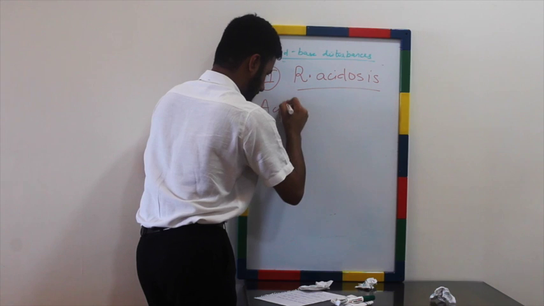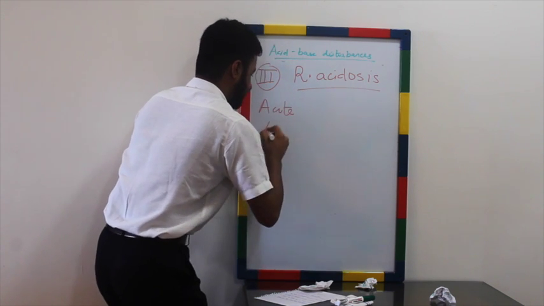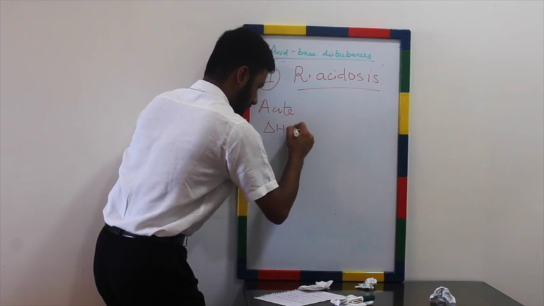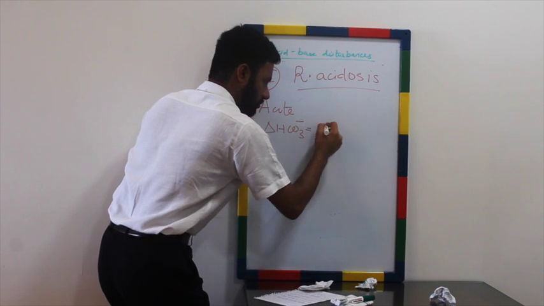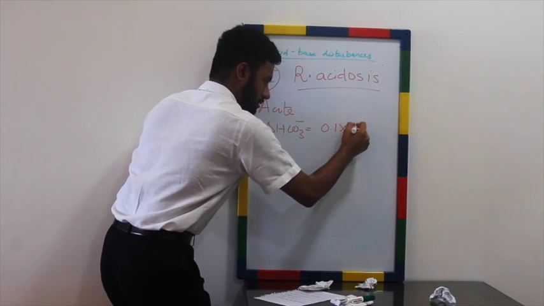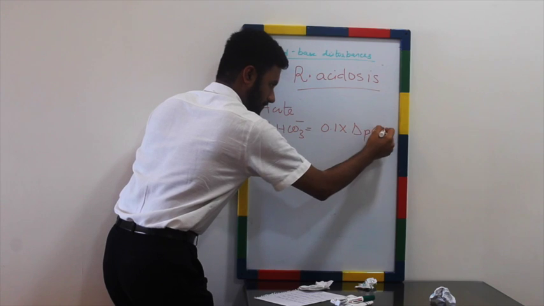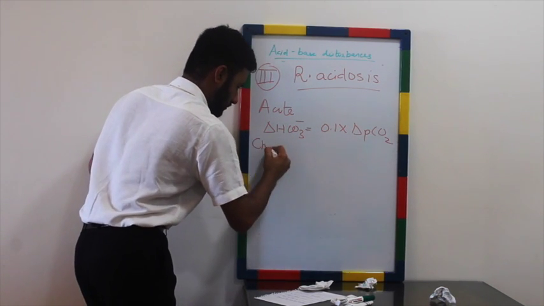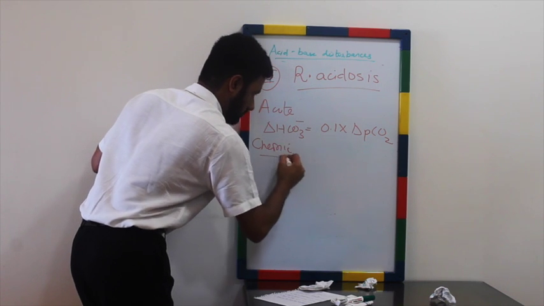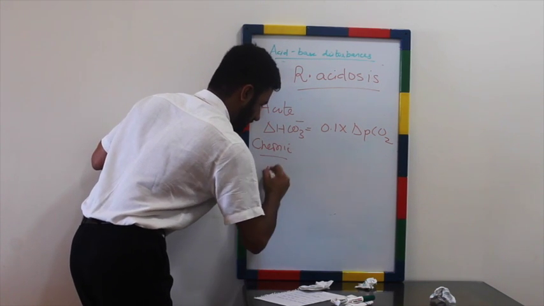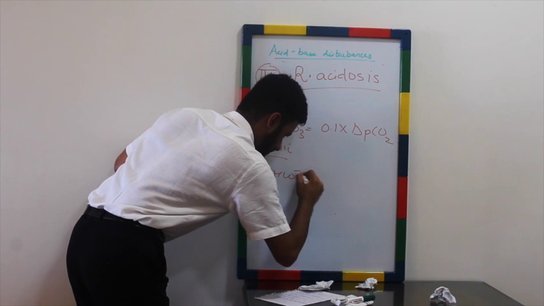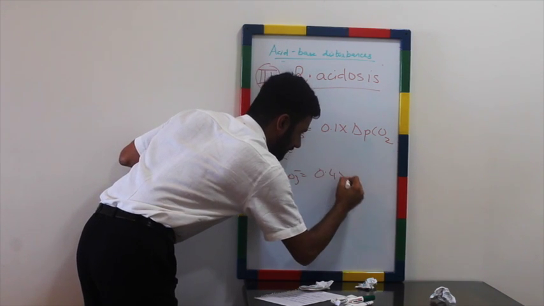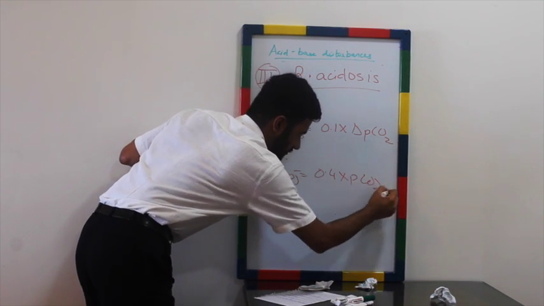Acute: the delta bicarbonate is equal to 0.1 times the delta PCO2, and for chronic, the delta bicarb is equal to 0.4 times the delta PCO2.